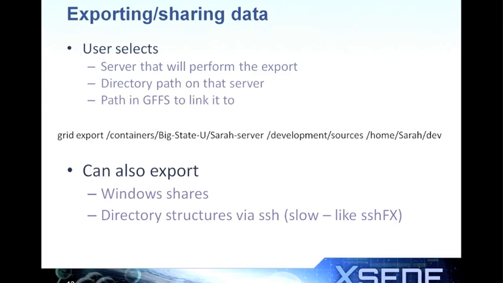You can also export Windows shares and directory structures via SSH if that's the way you have to get to things. It's slow, but it's sort of like SSHFS. So this allows us to take Windows data, all kinds of stuff, and map it into the global namespace.